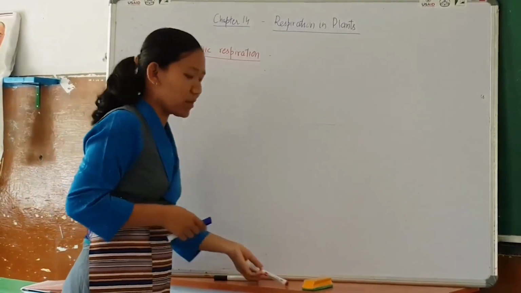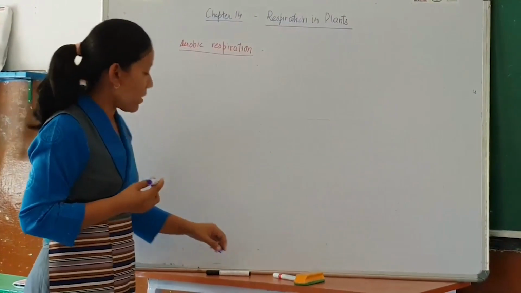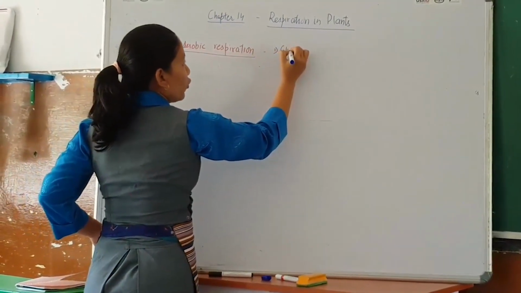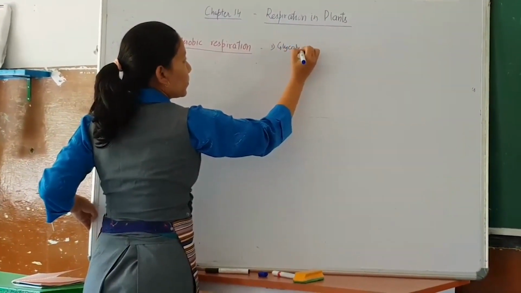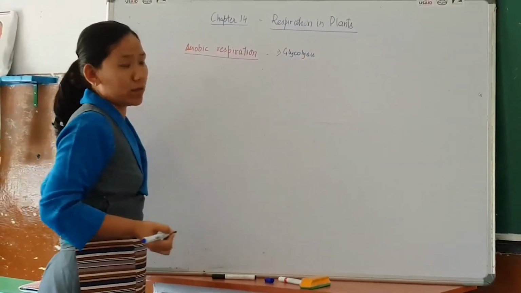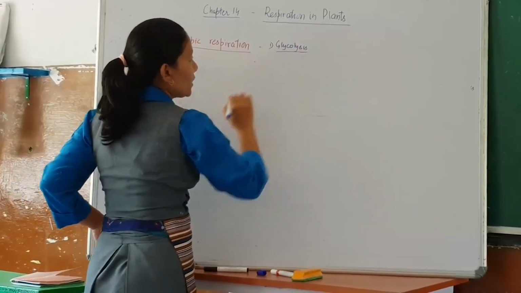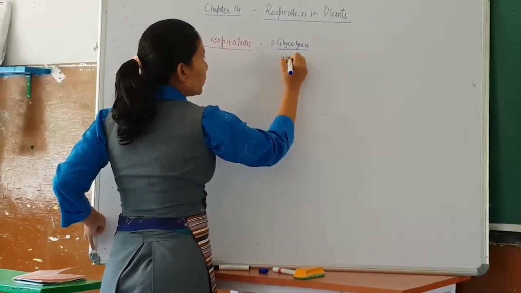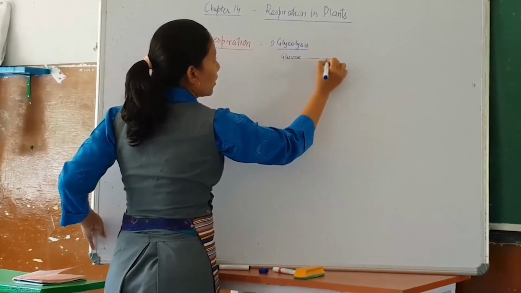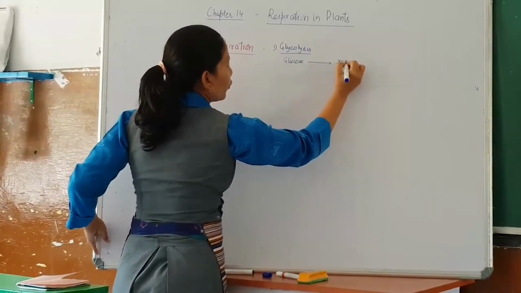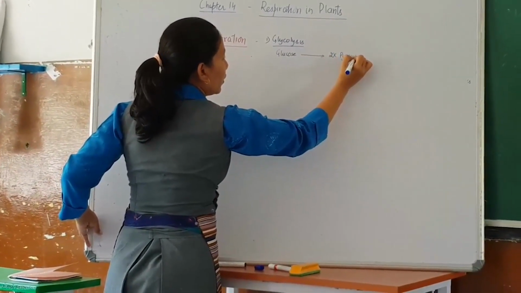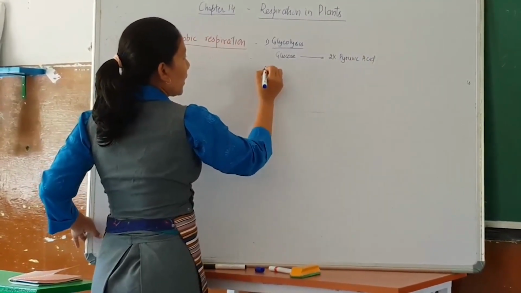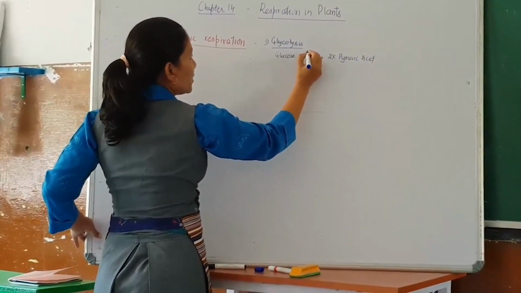So let us just look at the overall picture of this aerobic respiration. Aerobic respiration involves, first one, glycolysis, and what glycolysis does is it breaks the glucose into 2 molecules of pyruvic acid, and of course during this process energy is released.